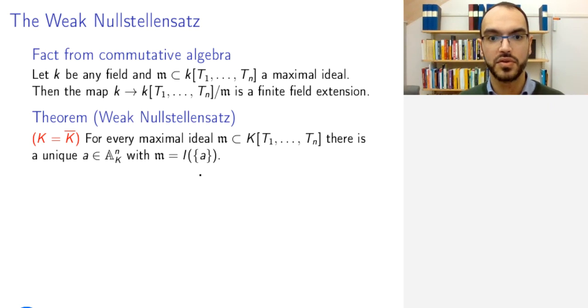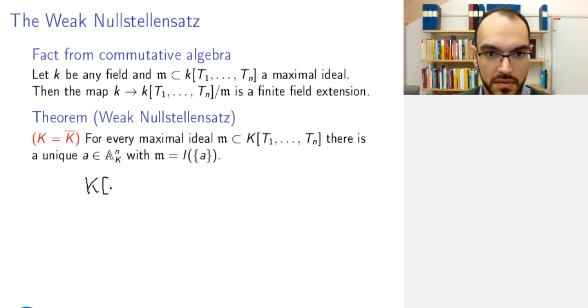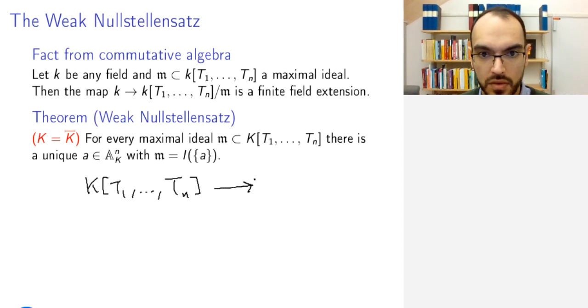So how do we prove this statement? Well, let us look at what we know. Consider the projection from the polynomial ring to the quotient ring by this maximal ideal.